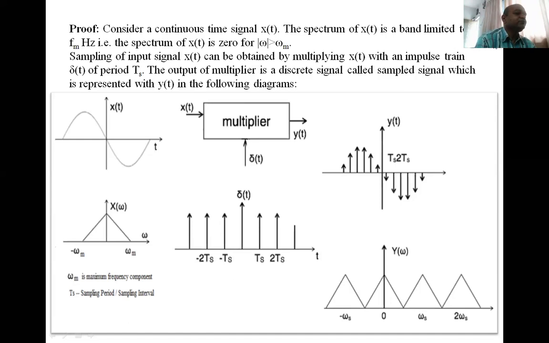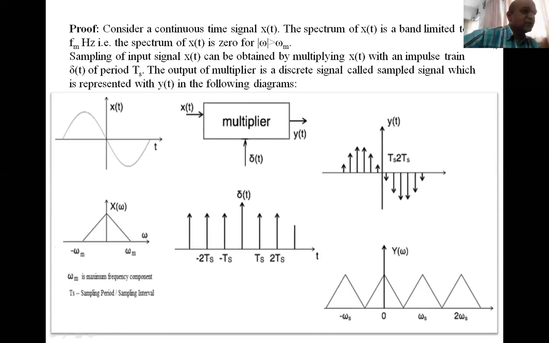Here Ts is the fundamental time period, also called the sampling period, or the sampling interval.